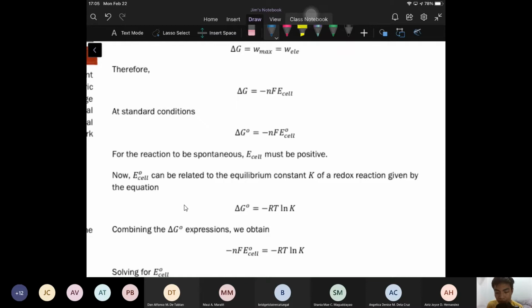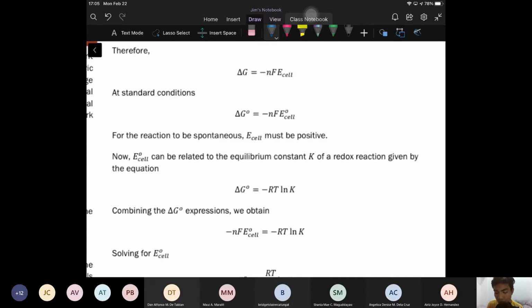Okay. So, sa discussion ng thermodynamics, I don't know if na-cover nyo yun. According to the thermodynamic part, delta G is also equal to negative RT ln K. R is the gas constant in energy units, T is the temperature in Kelvin, and K is the equilibrium constant.